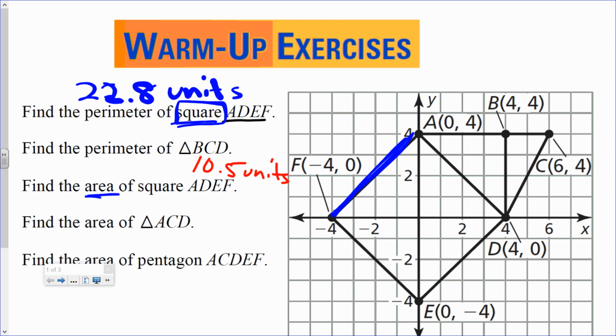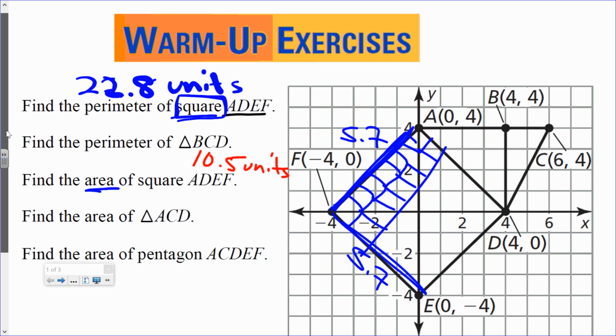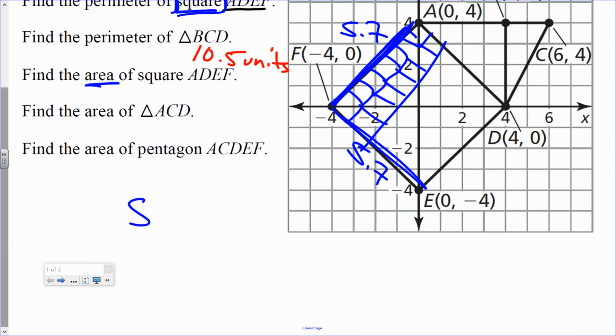This is 5.7. The width is also 5.7. So if I want to know how many square units are inside, what are the square units that fill this in? 5.7 times 5.7, which is 5.7 squared. There's our area, length times width.